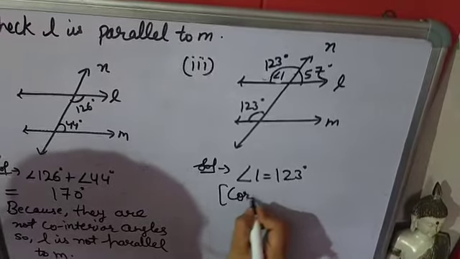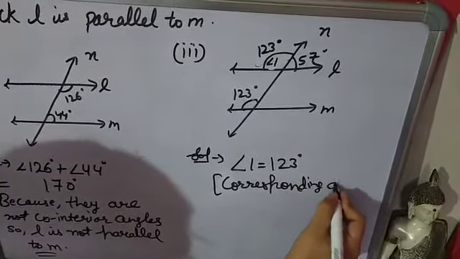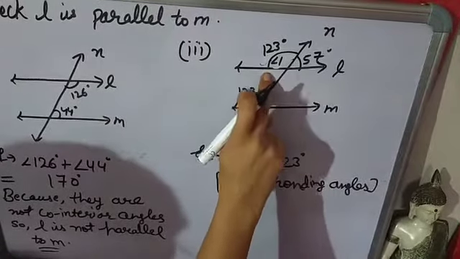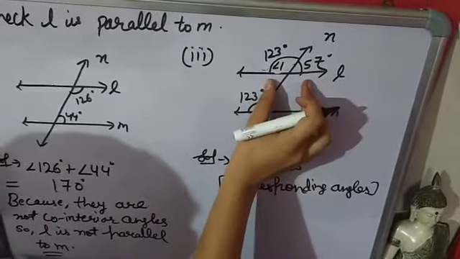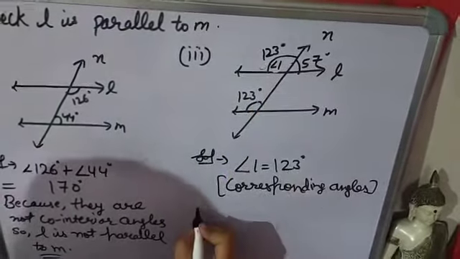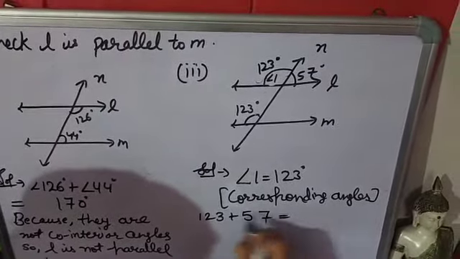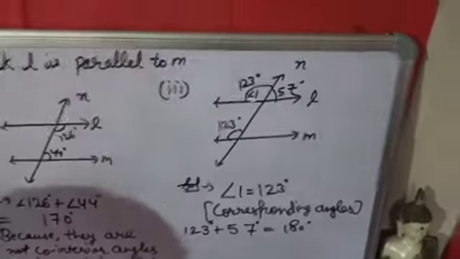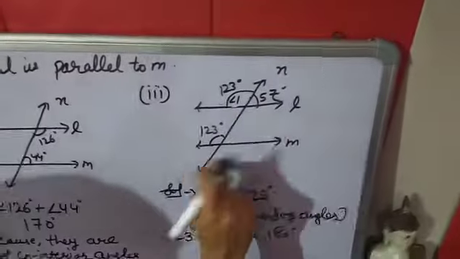The reason is corresponding angles. We are creating this property. Now if it is 123 and this is 57, then they are making a linear pair, so the sum should be 180 degrees. So we will check 123 plus 57. Their sum is 180 degrees. Yes. So it means they are making a linear pair. It means L is parallel to M.